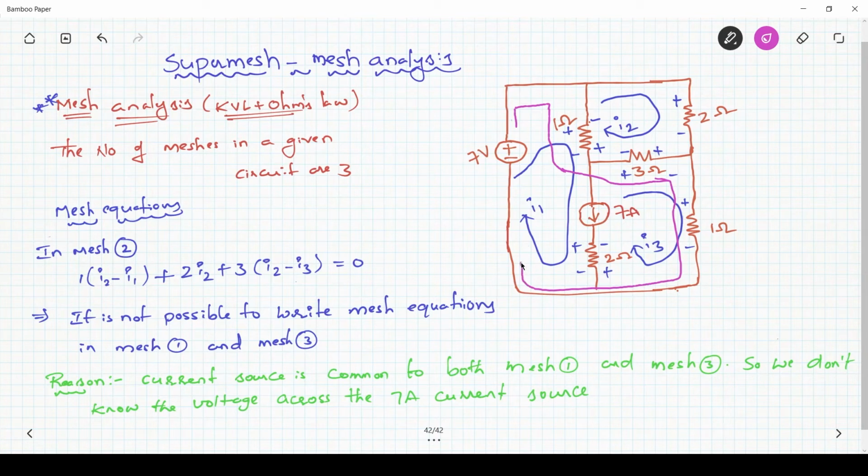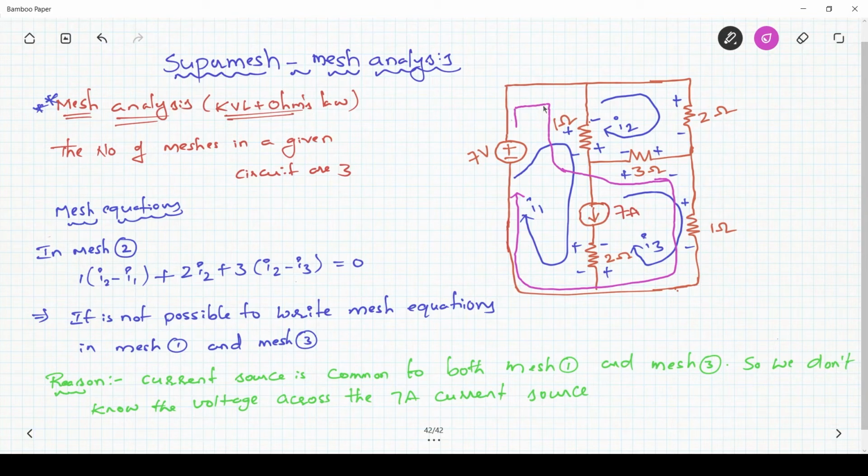Okay, I have formed the super mesh like this. This is the super mesh. Now write the mesh equation for this super mesh.